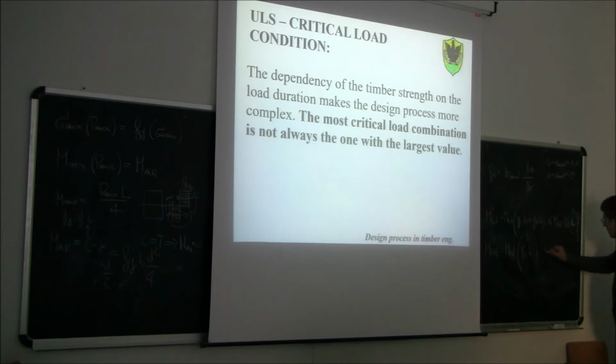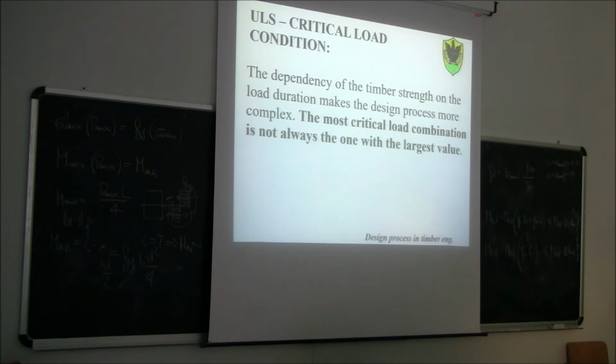But you can see here, when I calculate the resisting bending moment, I have a K mod. I have another K mod. So this is K mod 1, this is K mod 2. In this case, I have K mod 1, 0.9. In the other, I have K mod 2, 0.6. So I have less strength demand, but I also have less strength capacity.